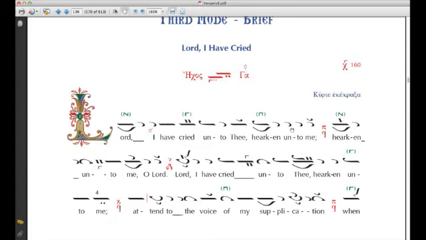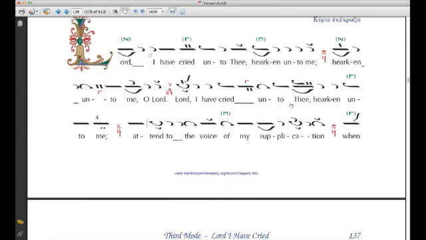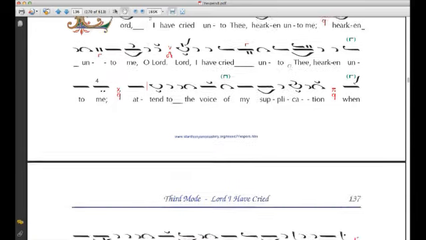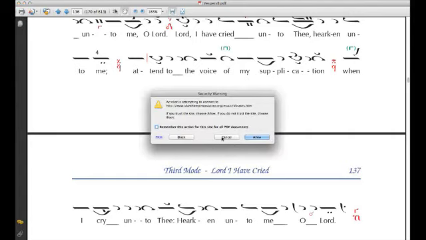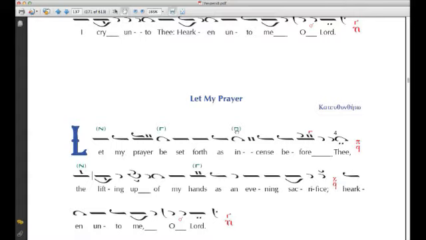Attend to the voice of my supplication, when I cry unto thee, hearken unto me, O Lord. Then to Let My Prayer.